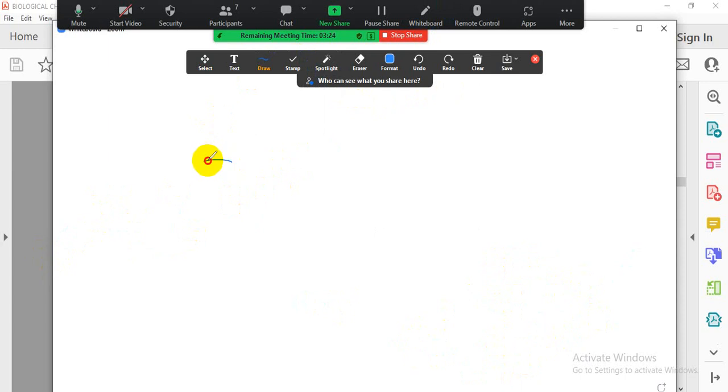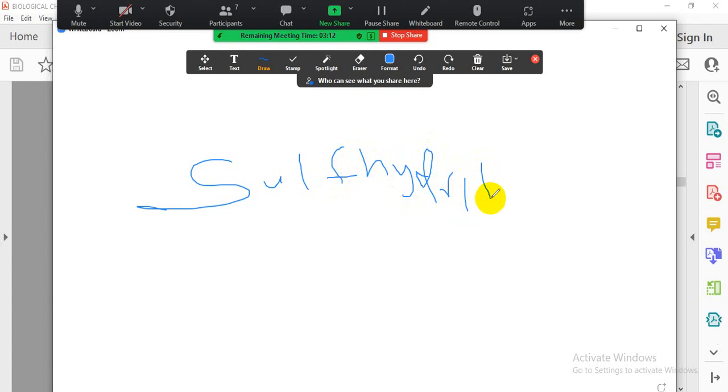Okay, so sulfhydryl groups. Sulfhydryl. Don't mind my spelling. So SH. It has what? SH. This is a reduced sulfur group.